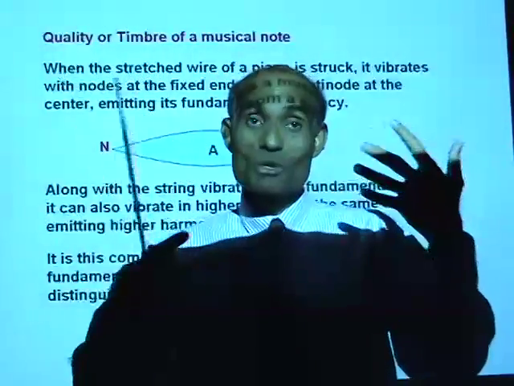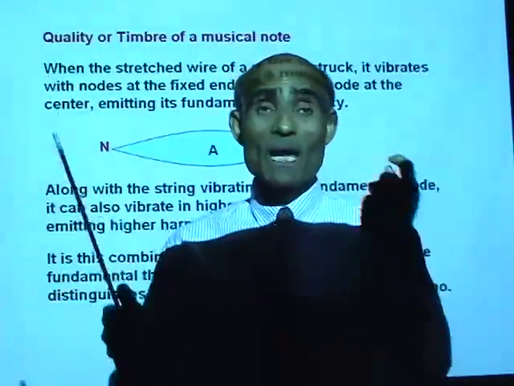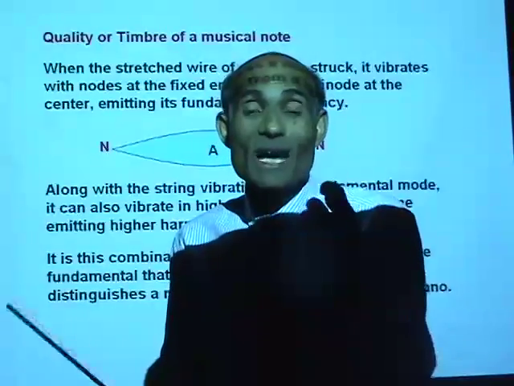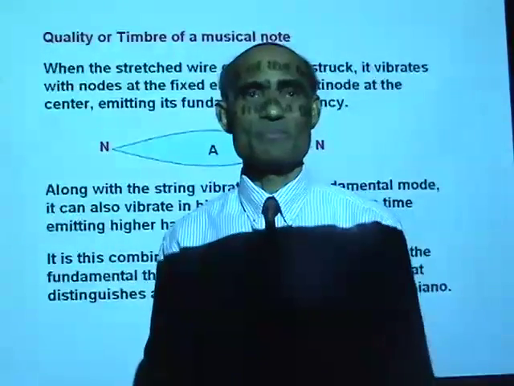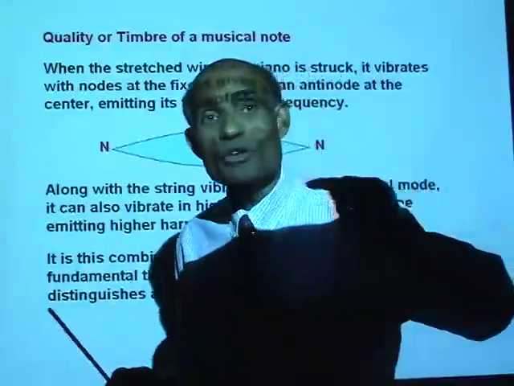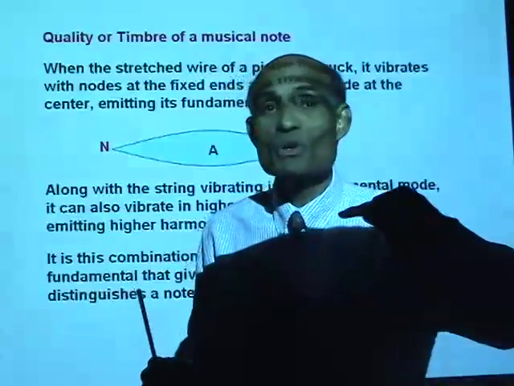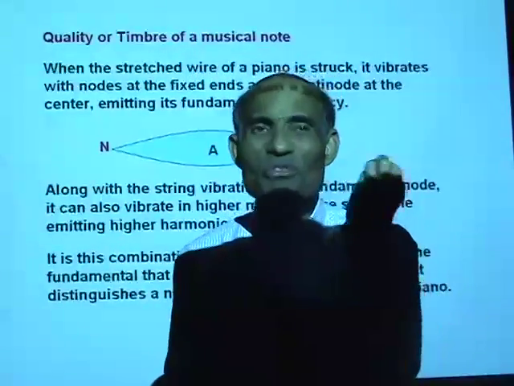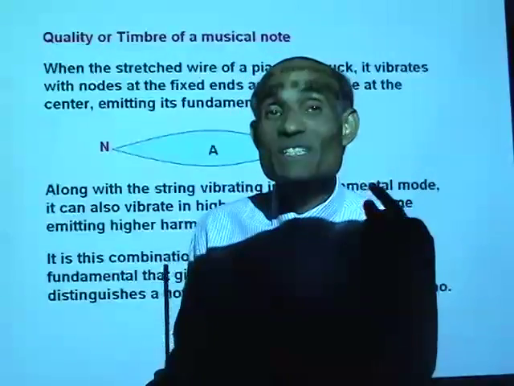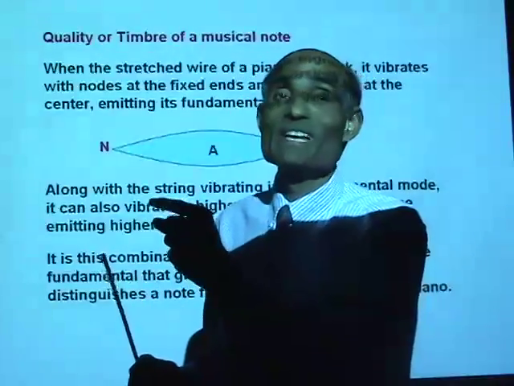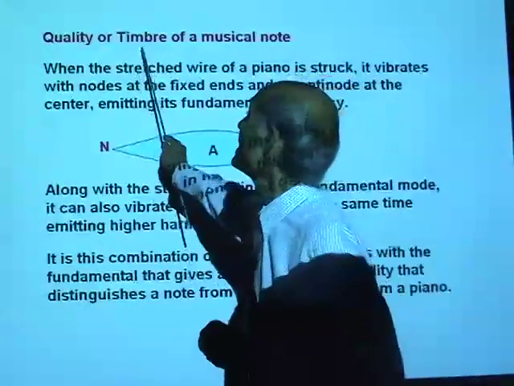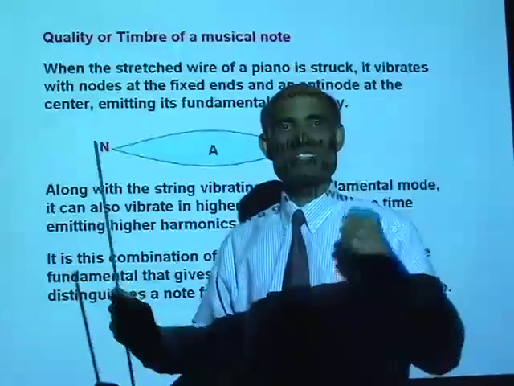They are all musical instruments. A particular note means a particular frequency. Although all these musical instruments can produce the same frequency, they will all sound different. It is that difference we call timbre or quality.